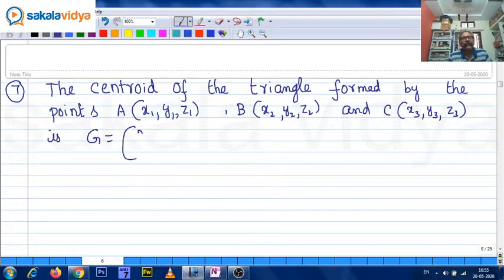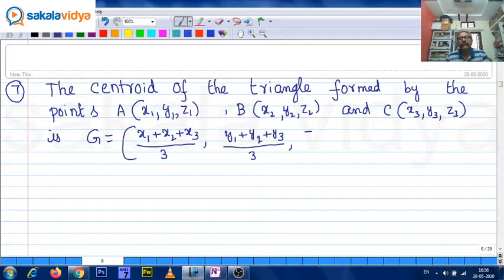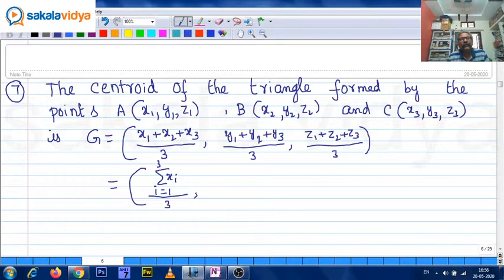G equals, we can write, (x1 plus x2 plus x3) by 3, that means the mean of the x coordinates, comma, mean of the y coordinates, so (y1 plus y2 plus y3) upon 3, comma (z1 plus z2 plus z3) upon 3. Or we can write this like this also: sigma xi, i equals 1 to 3, by 3, comma sigma yi, i equals 1 to 3, by 3, comma sigma zi, i equals 1 to 3, by 3.